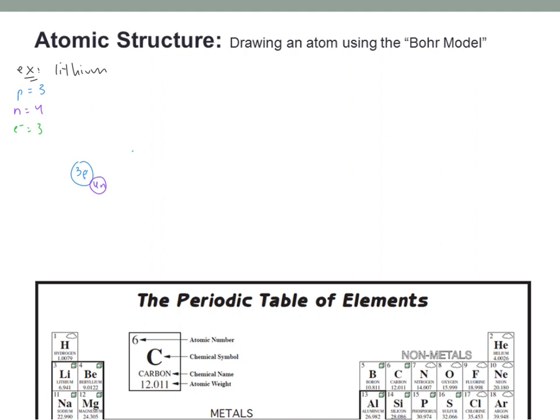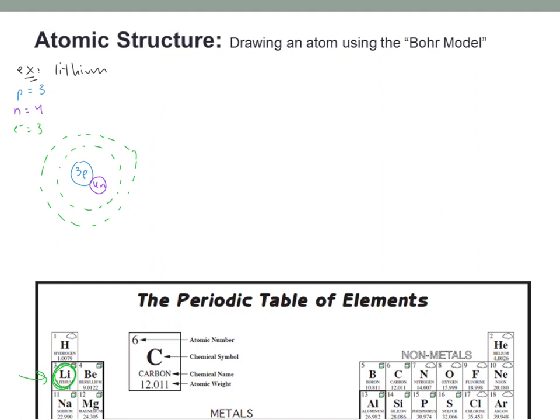As far as the number of shells, remember that the number of shells is the period, the row, that it's in. Since lithium is in the second period, I know that it's going to have 2 shells. So I've got my 2 shells for lithium.